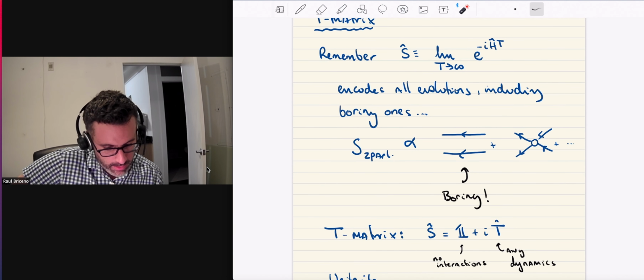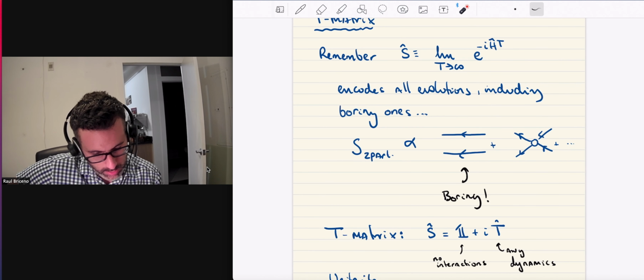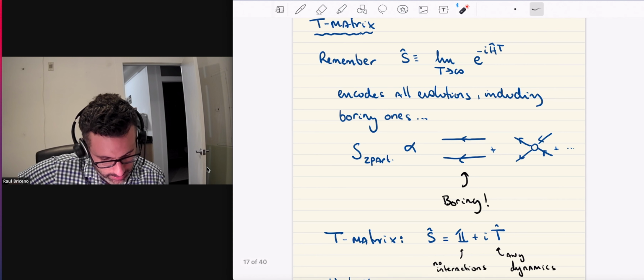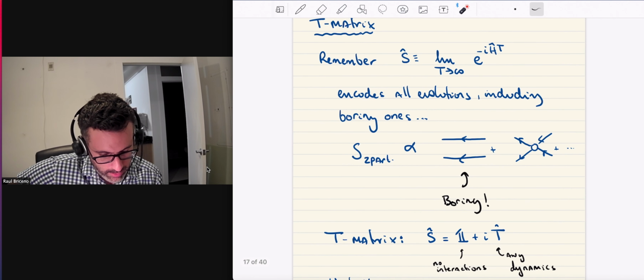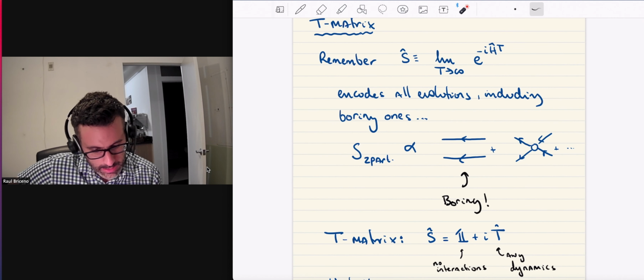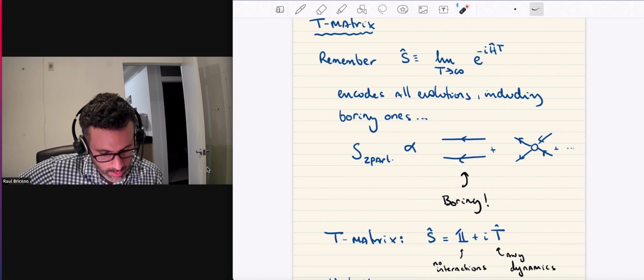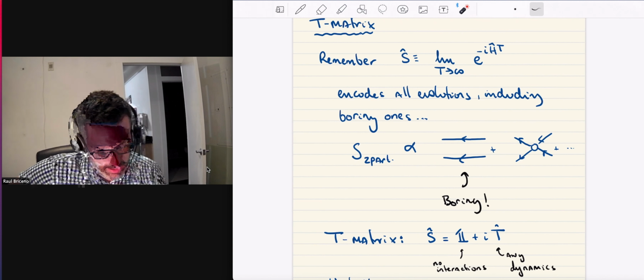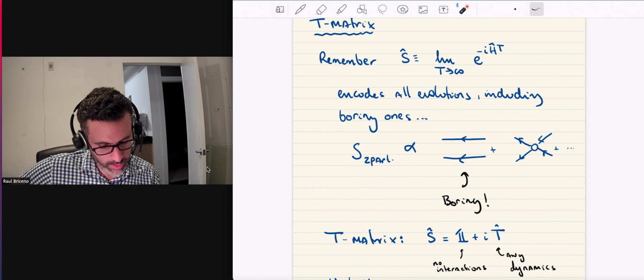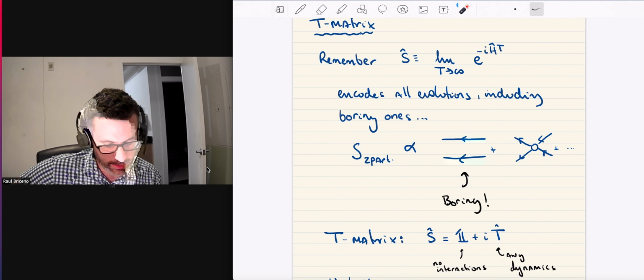Okay, and so here what I want to emphasize is that although the S matrix is beautiful, some of the contributions to the S matrix are boring, right? It's a unitary operator, and so it's going to encode all possible evolutions of states, including boring ones where you have particles that just don't interact.